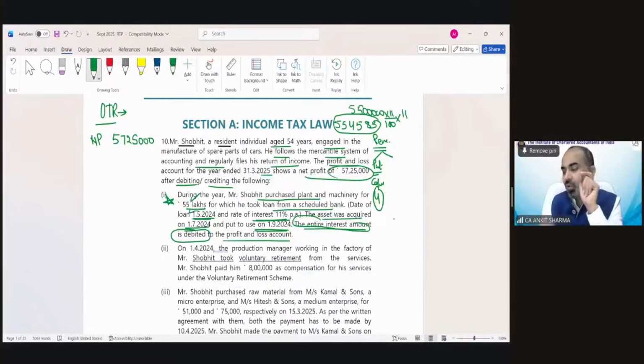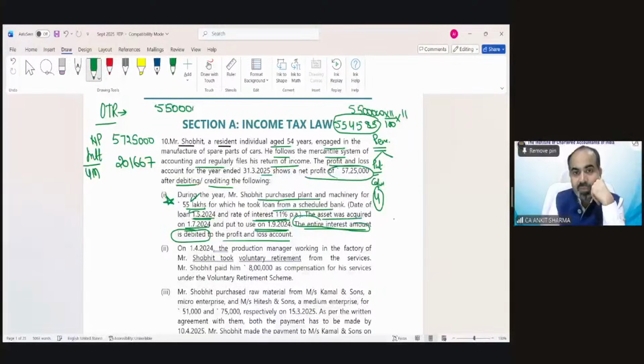So we have to find out the 4 months' interest, and the interest needs to be disallowed as revenue expenditure for 4 months. It would be 201667. And you know, this will impact your depreciation, because the value of the asset was 55 lakh. We were supposed to claim depreciation on it, but no, we need to add this value as a capital expenditure, put to use expenditure.